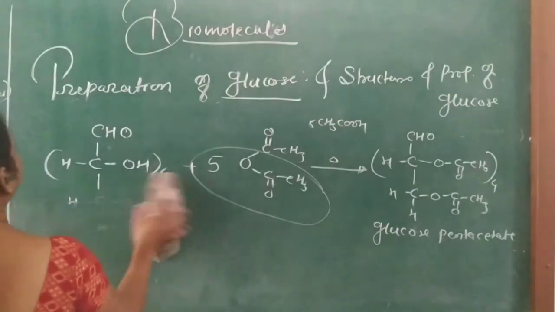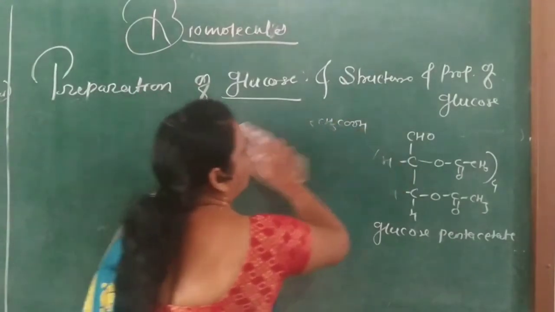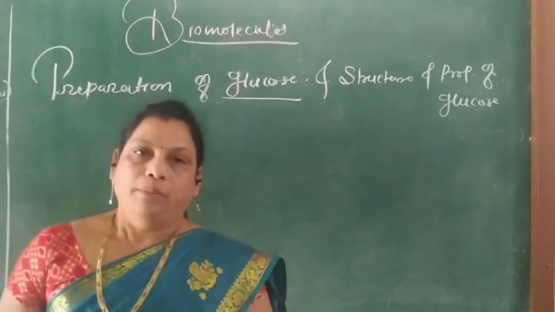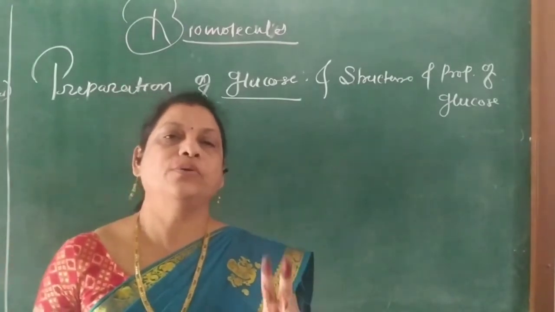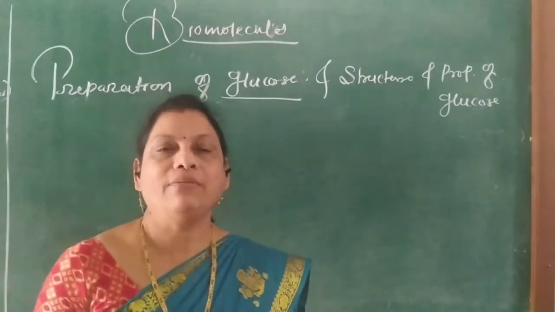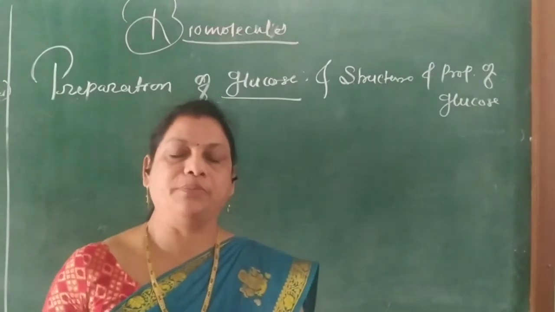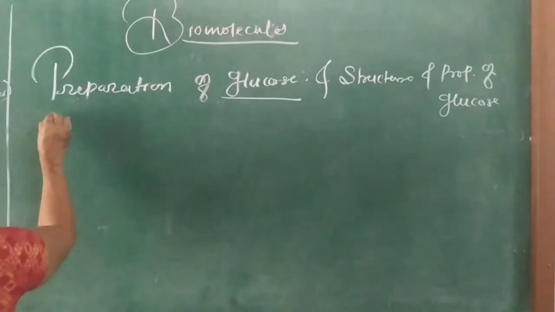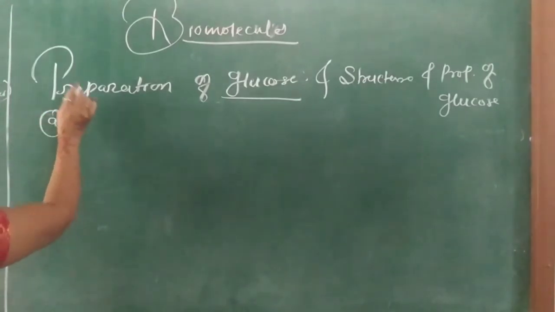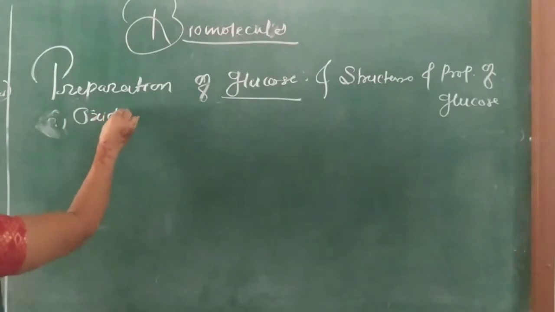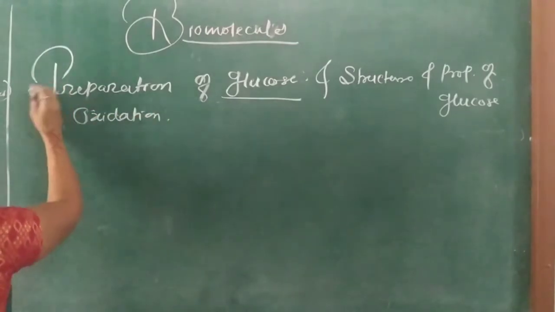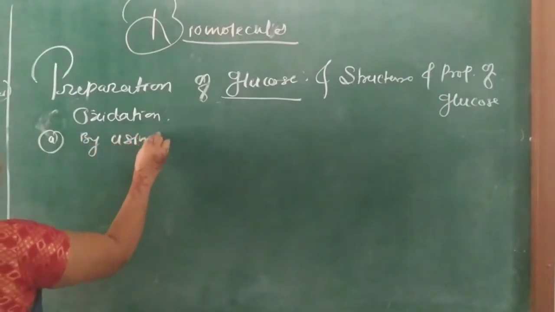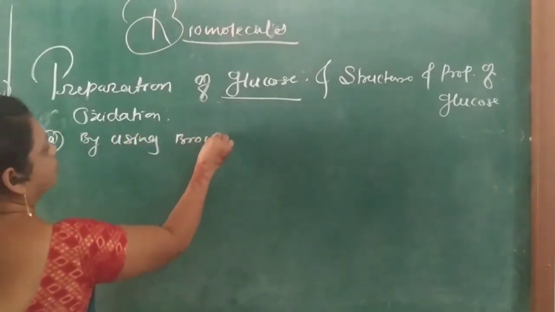Next one, that is oxidation of glucose. The oxidation of glucose can be carried out in 2 ways. One is by using bromine water, and the second by using an oxidizing agent, that is dilute nitric acid. So first by using bromine water.